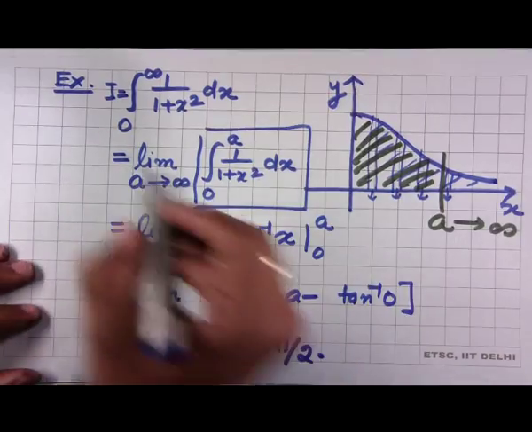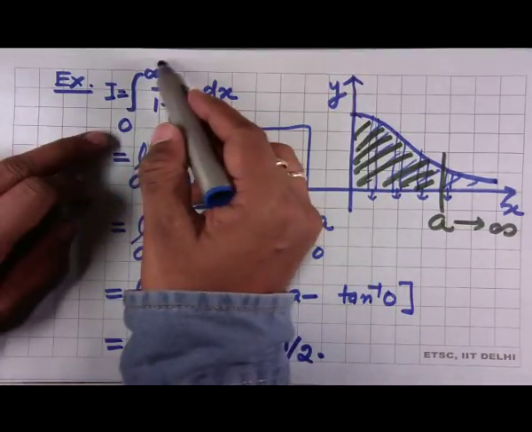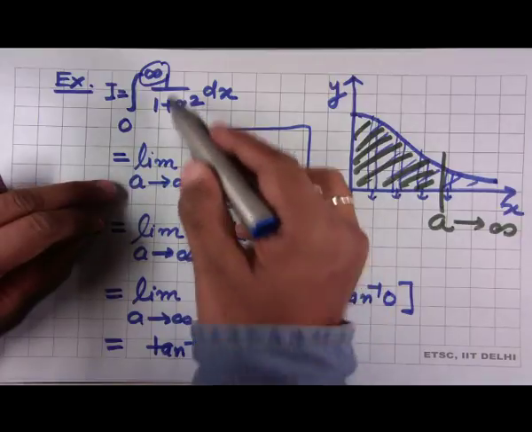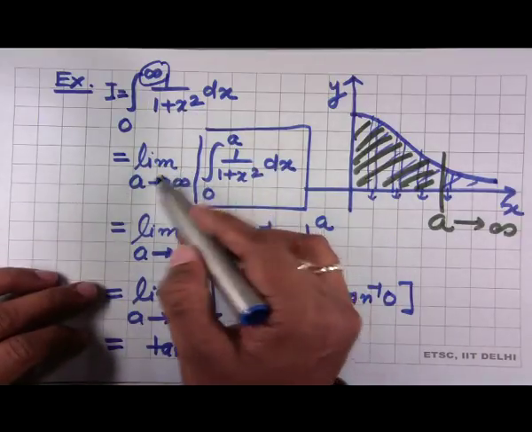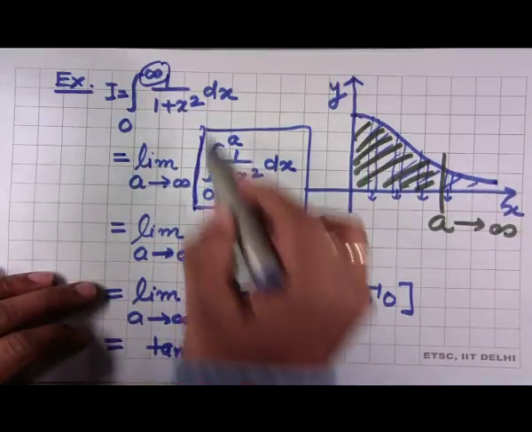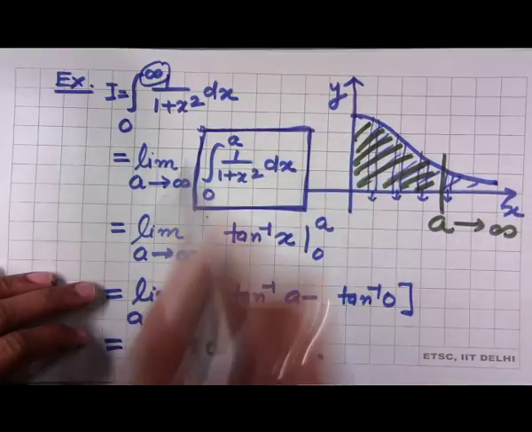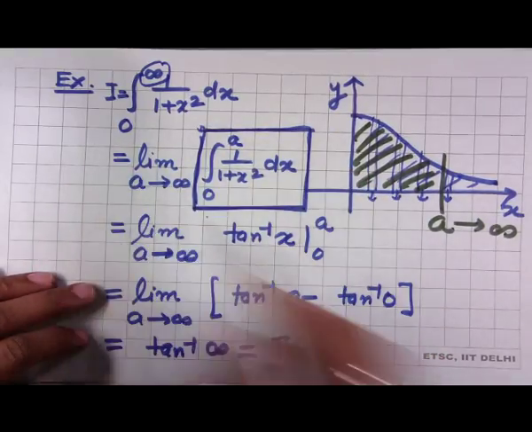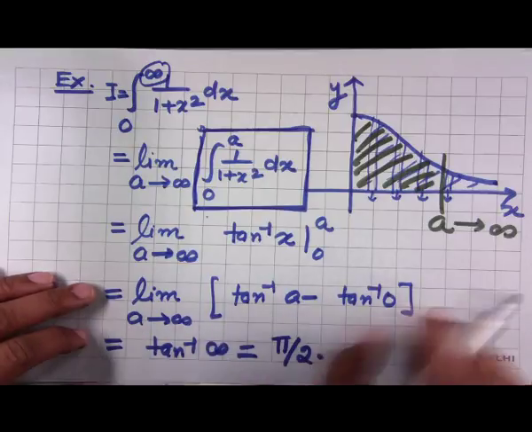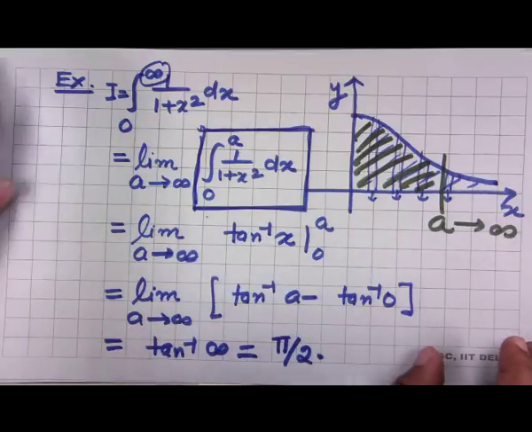So, what we have done is deal with this infinity by converting this integral into the limit of an integral defined over a finite interval. Hence, the problem of unbounded intervals can be dealt with in this manner.